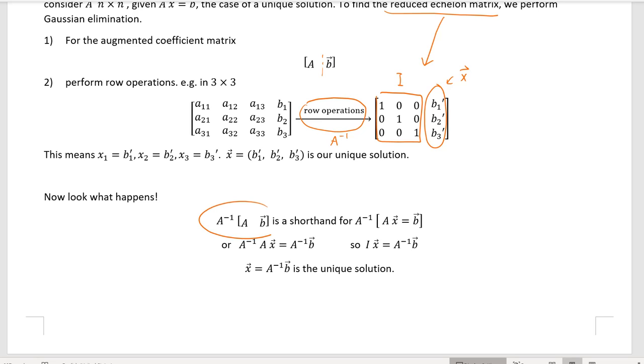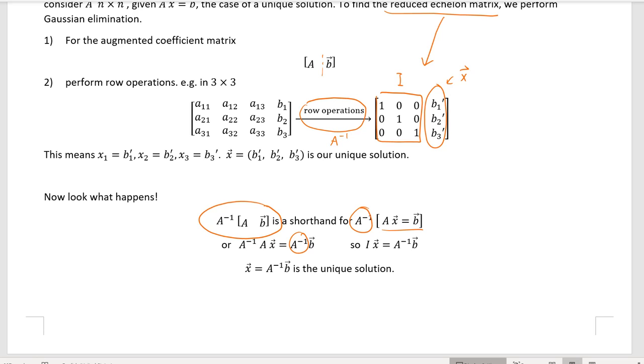So A inverse times [A B] is a shorthand notation for A inverse times the linear system AX equals B. If you multiply by A inverse on the left on both sides, A inverse times A will get the identity matrix. And so you can see identity matrix times X is A inverse times B. So X equals A inverse times B. This is the unique solution.